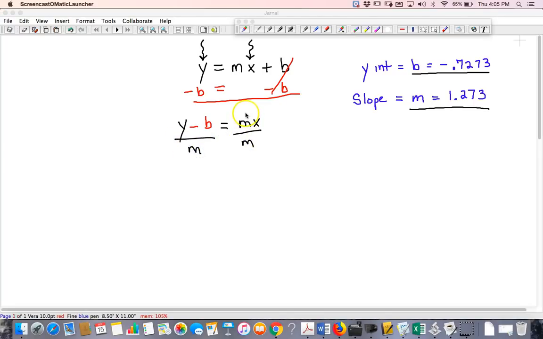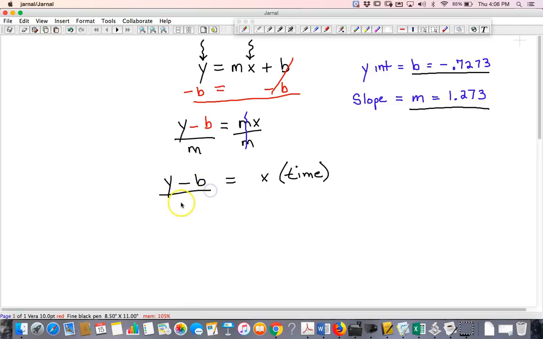The slope cancels, and what I'm left with is x, which we should know to be time, on the x-axis of our graph in minutes, equal to y minus b over m. So our time in minutes for the fifth disk, that's going to be the ET50.